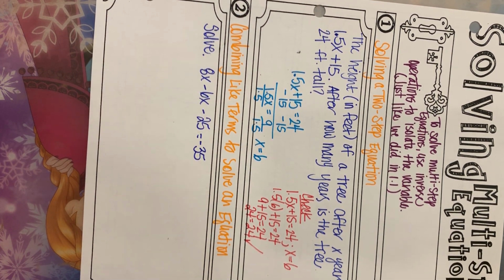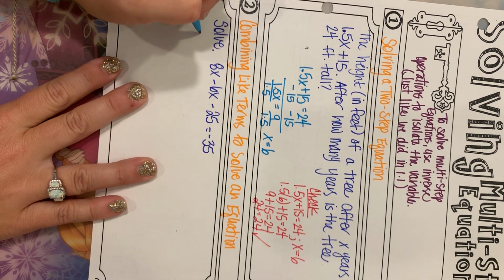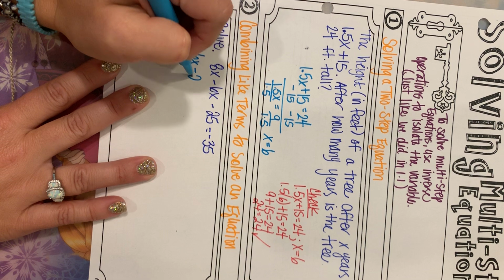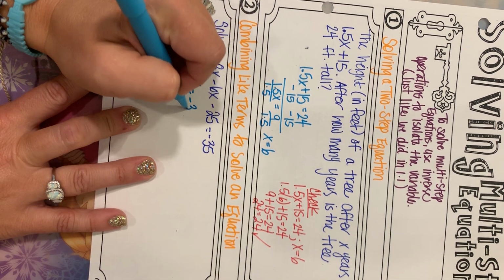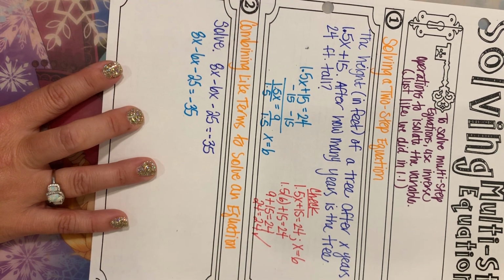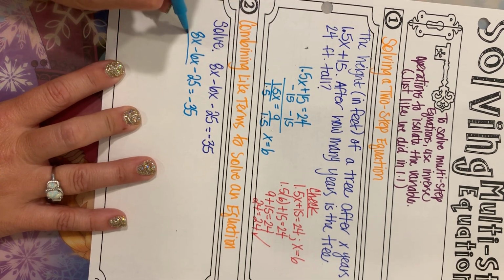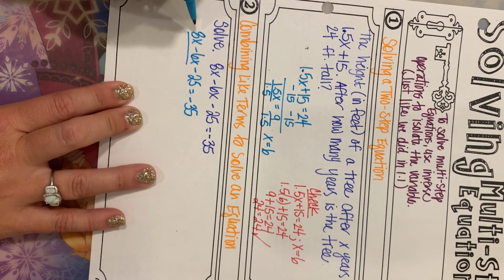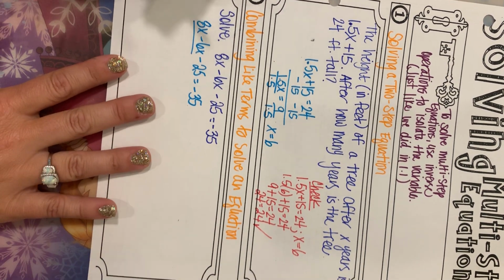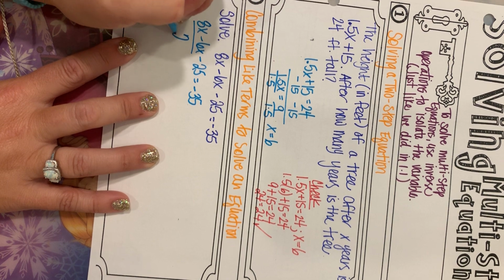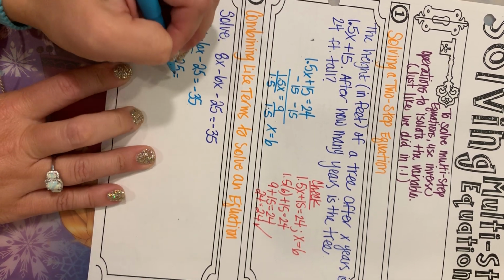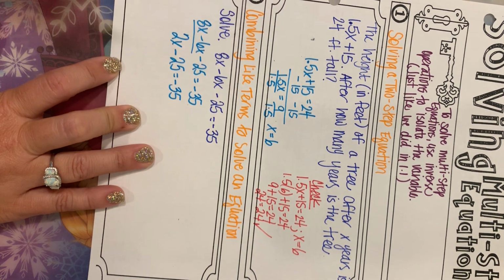So remember, my first step is to always rewrite my equation. So 8x minus 6x minus 25 equals negative 35. And again, it's having us combine like terms. So I'm going to combine those like terms. 8x minus 6x, or 8x plus negative 6x, is going to give me 2x. So now I have 2x minus 25 equals negative 35.